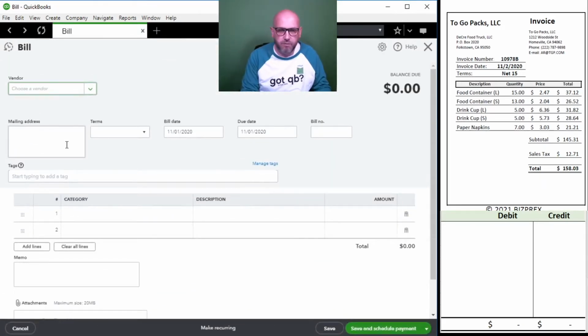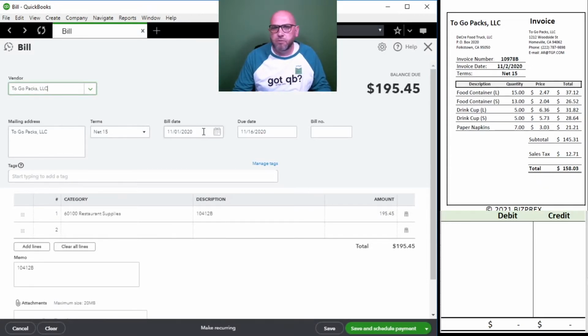All right, so vendor, here it is, To Go Packs. All right, terms net 15, great. Let's change the date. All right, so it's due bill number. Okay. And it remembers restaurant supplies.